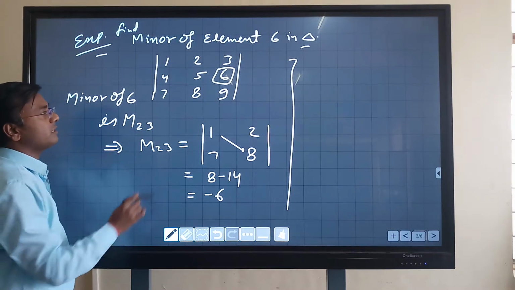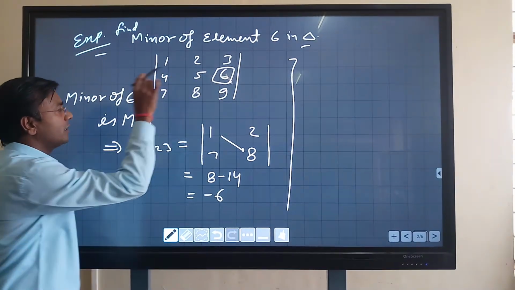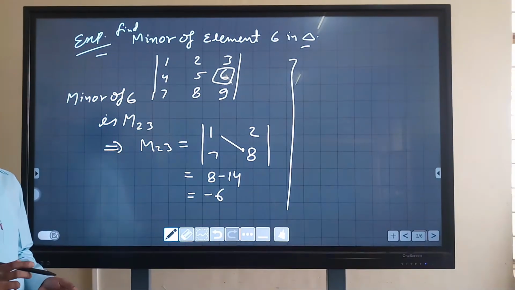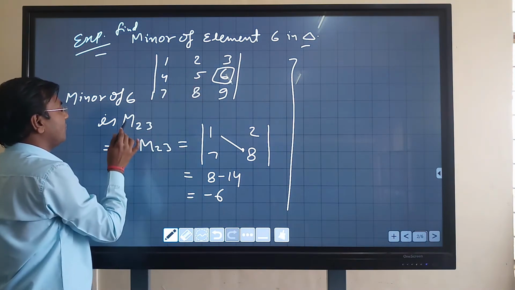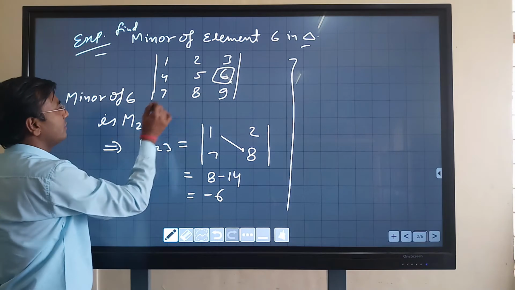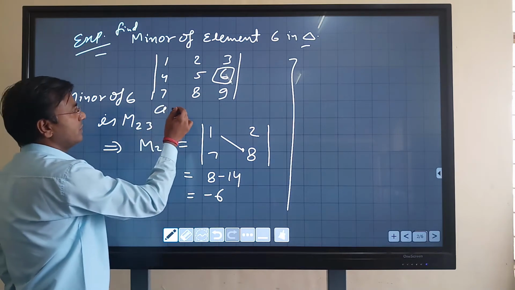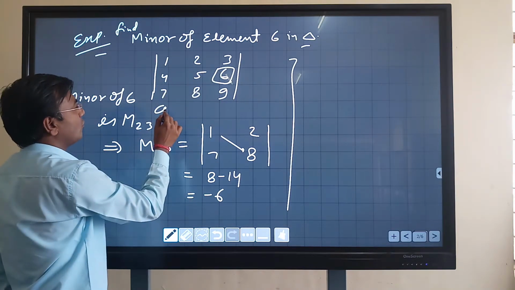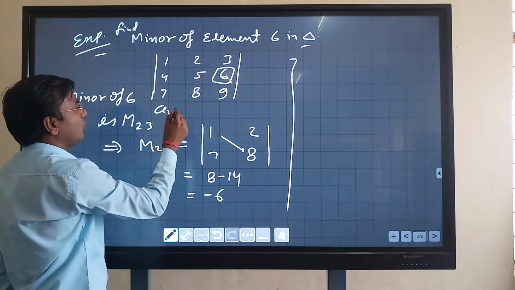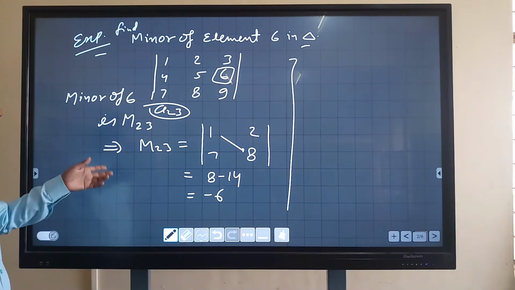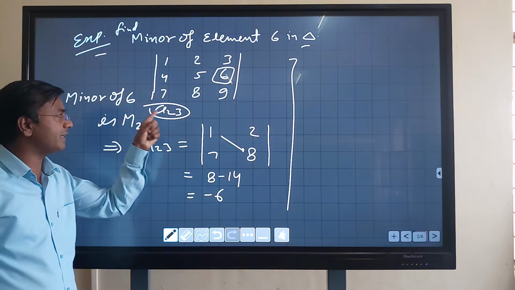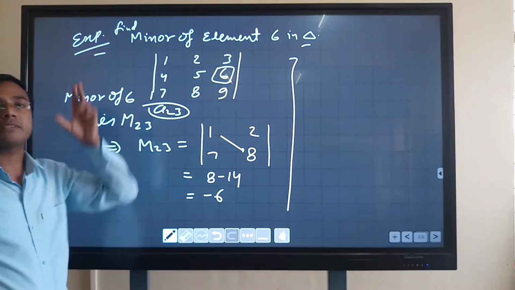So now we have to see this element 6 lying in which row and which column. So clearly this 6 is coming in the second row, that is 2, and third column, A2,3. So we have to find the minor of this element A2,3, which is 6.